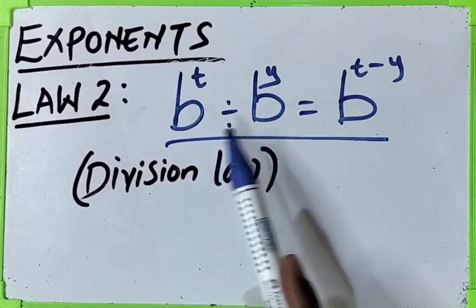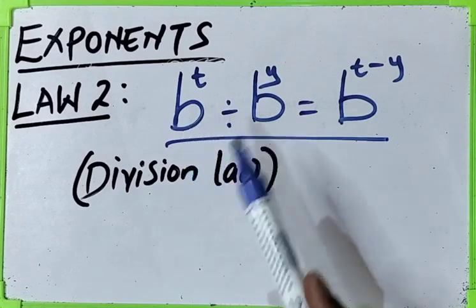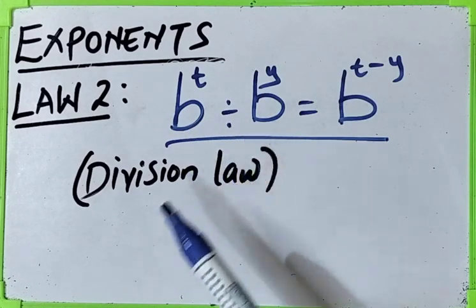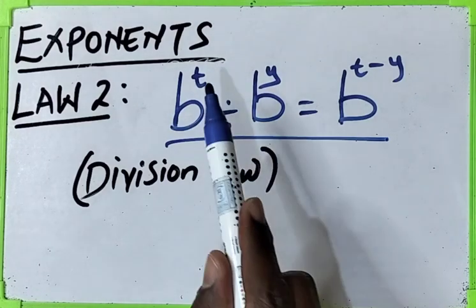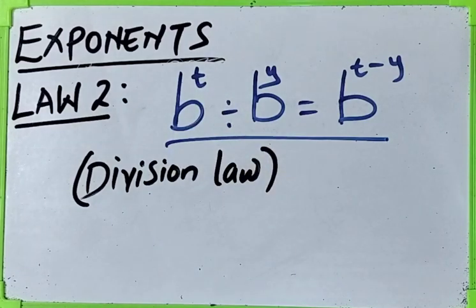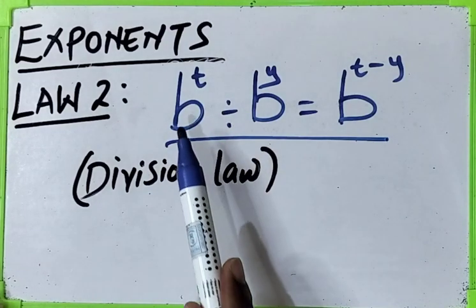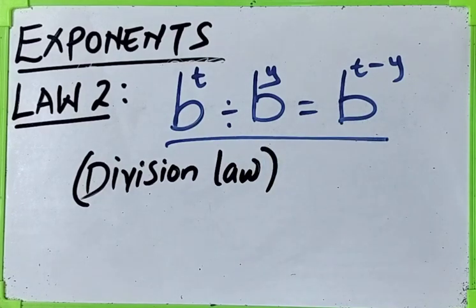As long as we have common bases and those common bases are divided, we shall subtract, or look for the difference of the powers, of course, starting from the first one. In this example, I have decided to use different letters just to mean that you don't have to expect the same letter all through.